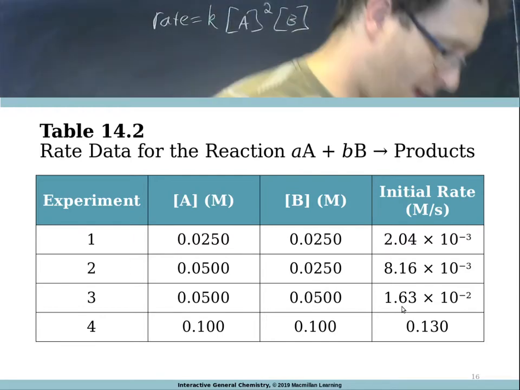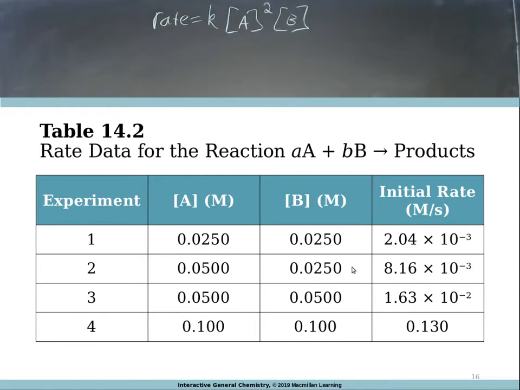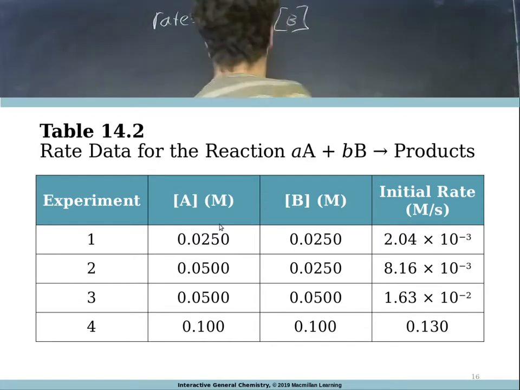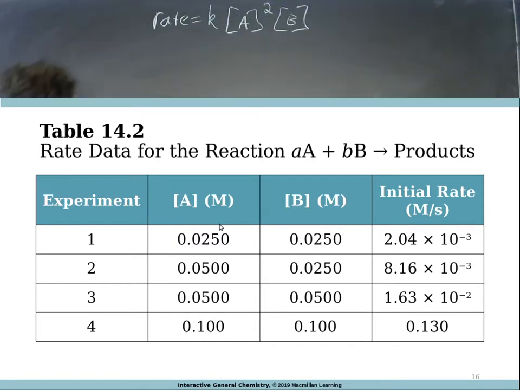Now, after you have calculated your reaction rate law, you can actually pick any one of your data points and go back and calculate the value for k, your rate constant. And so let's go ahead and do that. We'll just pick the first data point.